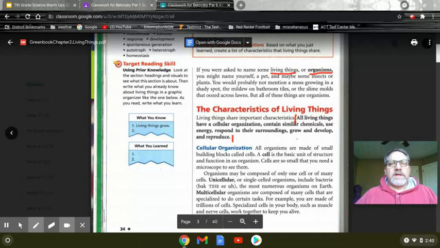The largest trees start from a seed. An oak tree grows from an acorn. So all living things start out small and they have to develop and grow in some form or fashion. Even single-celled organisms like bacteria start out smaller and then grow a little bit larger in order to reproduce so that they can divide.